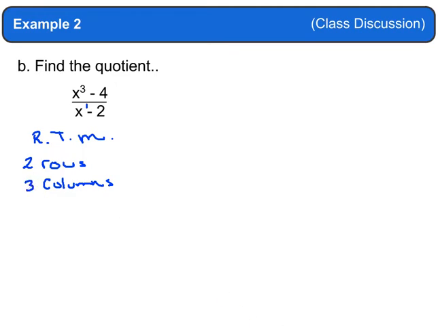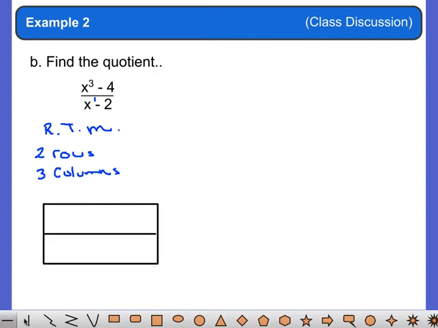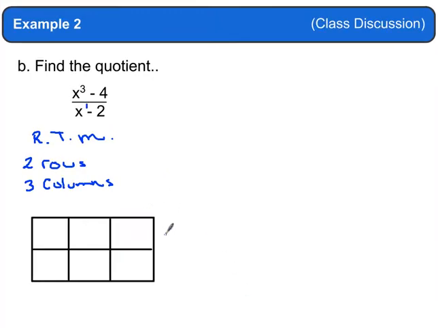So I'll design my box as such: 2 rows, three columns. We put x minus 2 here on the side.